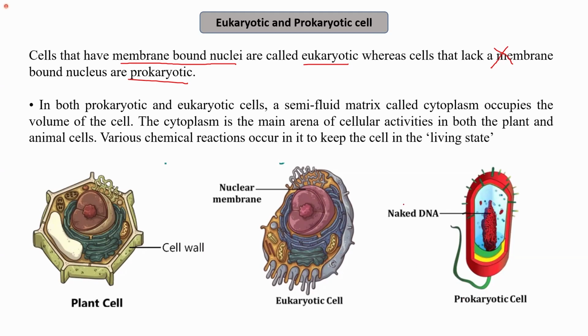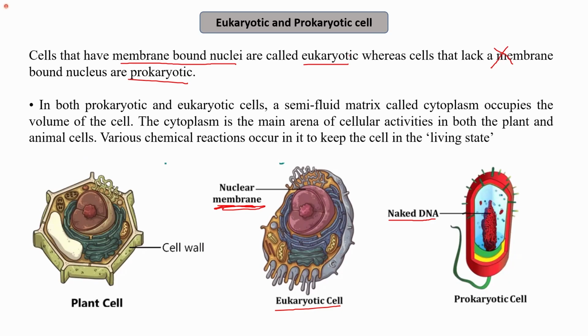But in a prokaryotic cell, on the other hand, we will see it's a naked DNA. Naked DNA means a DNA which is lying freely in the cytoplasm, not surrounded by any membrane. But in a eukaryotic cell, we can clearly see that it is a membrane-bound nucleus. So a nuclear membrane is present, that is, a membrane surrounds the nucleus. So this is one of the major distinctions between a eukaryotic cell and a prokaryotic cell.